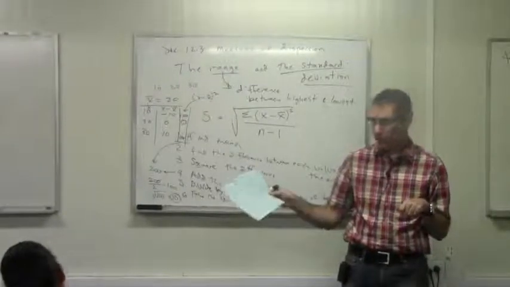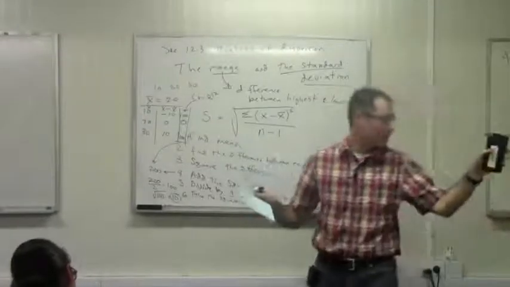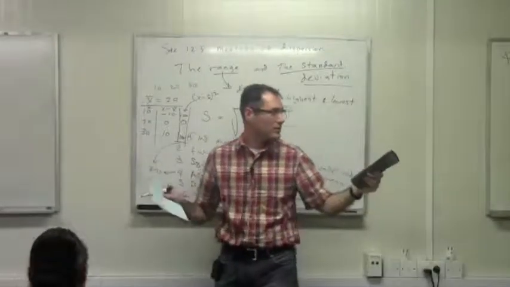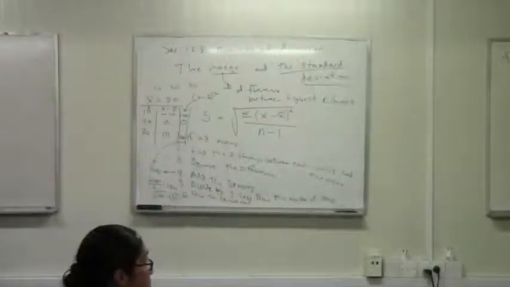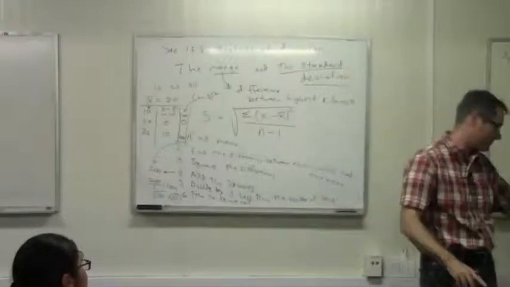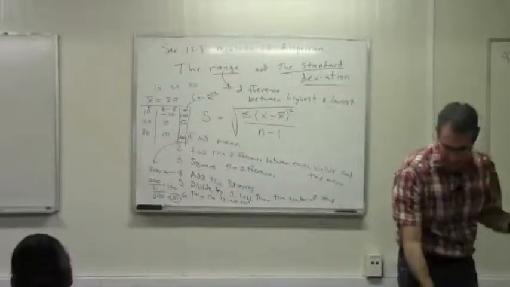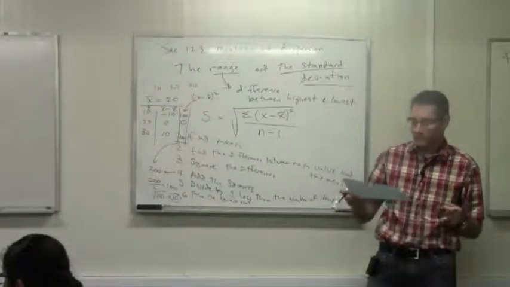You want to borrow? Are you going to have one for the test next week? Yes. How about you? I'll borrow one. I only have one to borrow. We'll have to figure something out for next week. You guys can share for now. I don't think I have any others. All right.